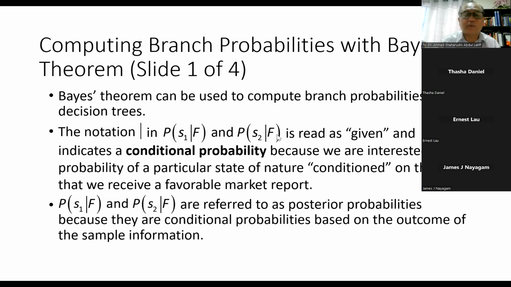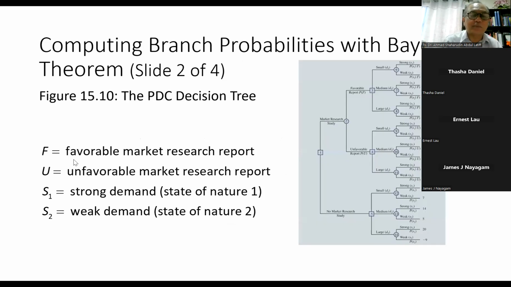With a favorable market report, what will be the strong demand? If there is an unfavorable market report, what will it be? So the situation is a conditional probability. A favorable or unfavorable market research report, when there is strong demand and when there is weak demand. Meaning, what is the probability of a strong demand when a favorable report has happened?